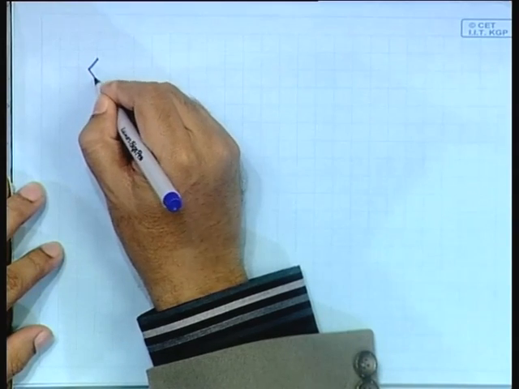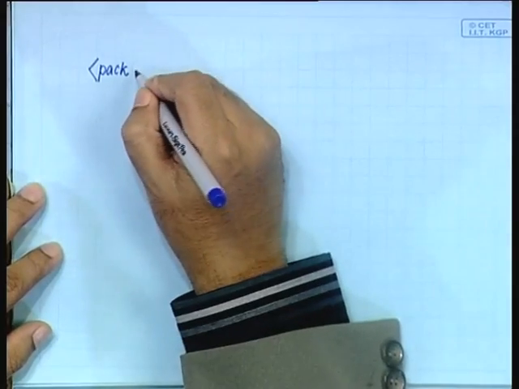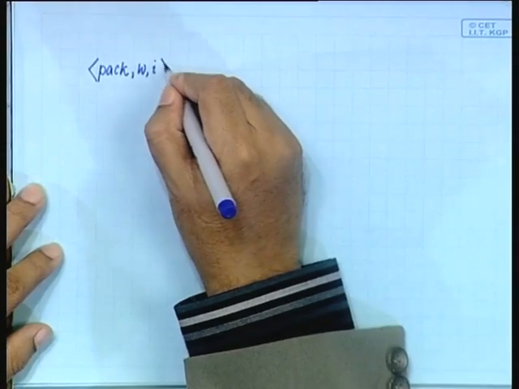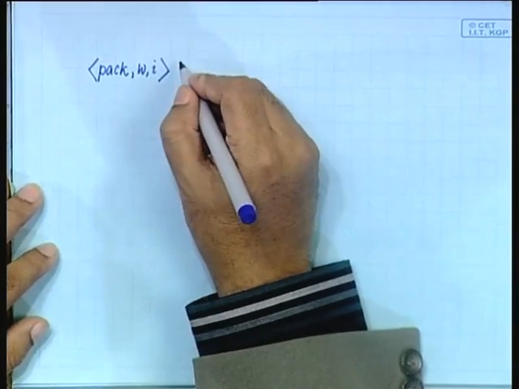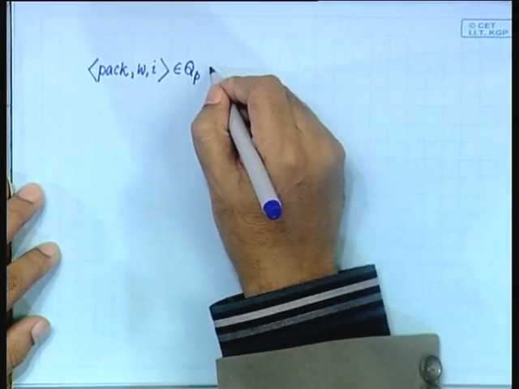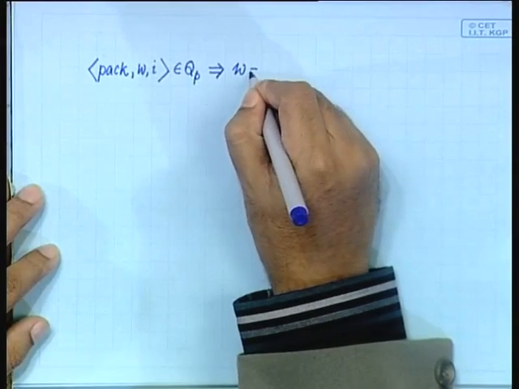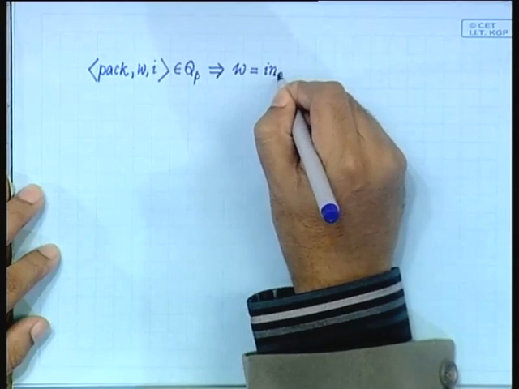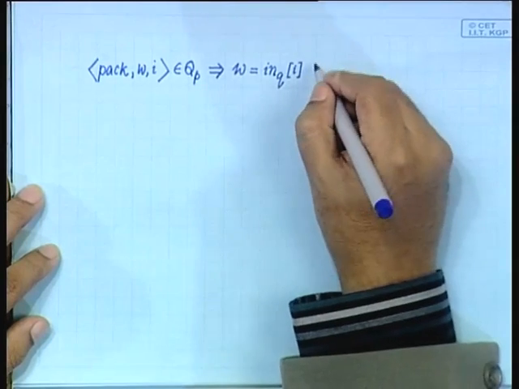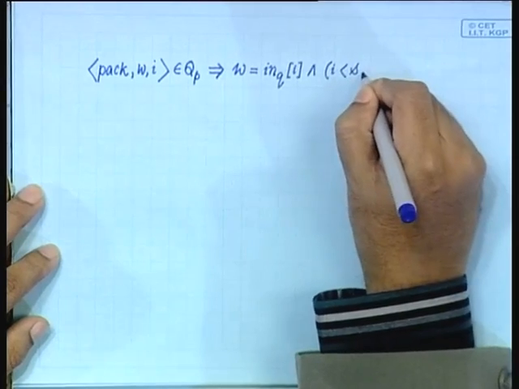This one says that pack Wi belongs to QP implies W equal to in QI and I less than SQ.